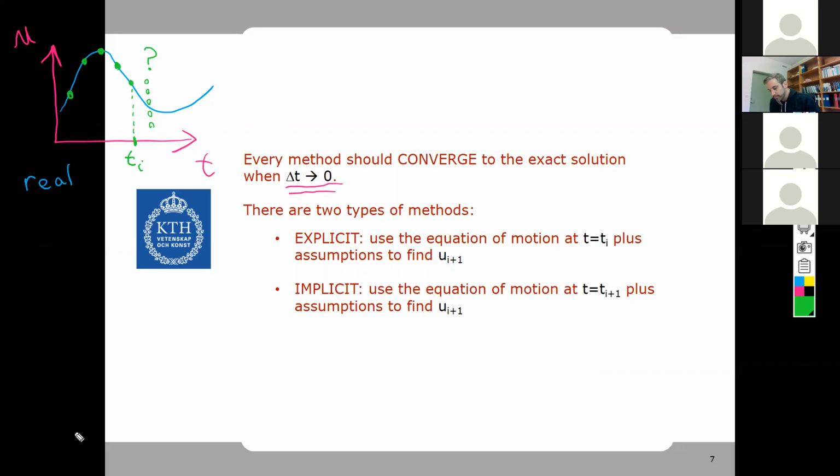So, an explicit method uses the fact that the equation of motion is true at this point, at the latest point that we calculated.